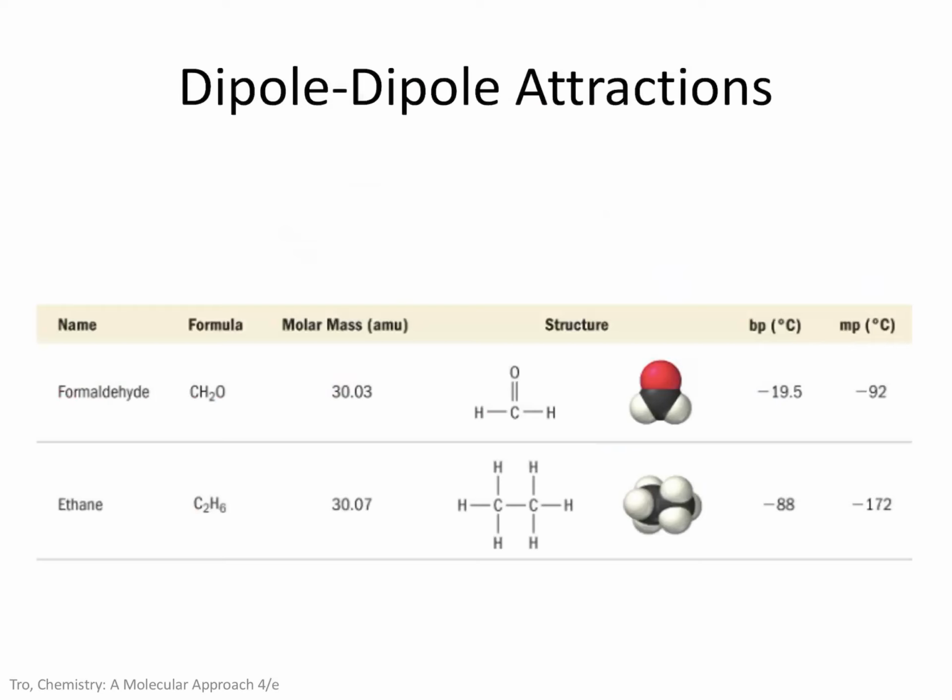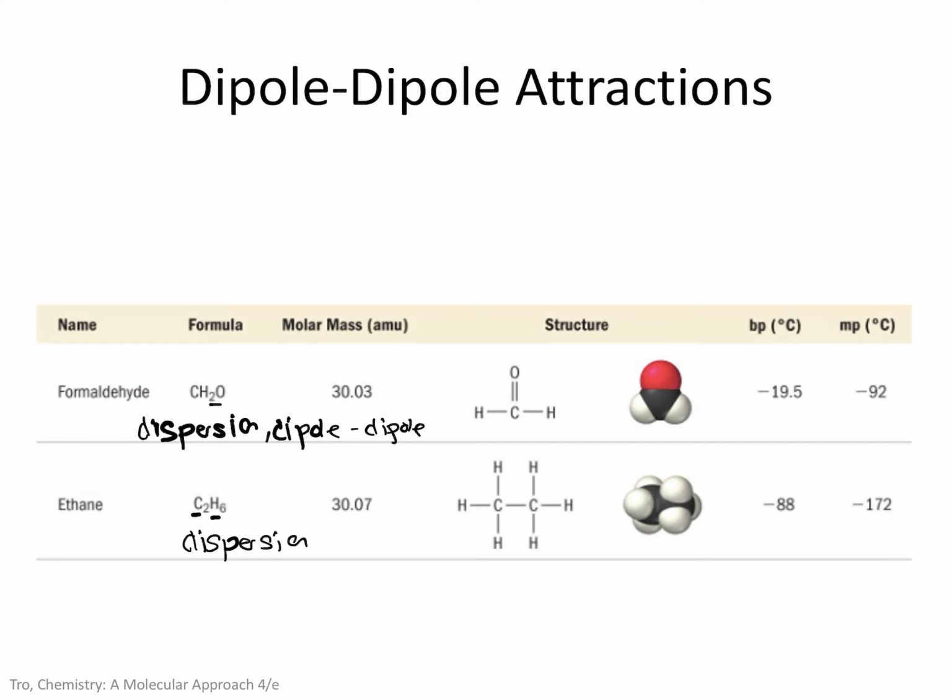So look here at ethane and formaldehyde. Now, we think of carbon and hydrogen. We know the electronegativity difference gives us nonpolar, so this just has dispersion forces. Formaldehyde has dispersion, and because of the polarity of the oxygen, we also have dipole-dipole.